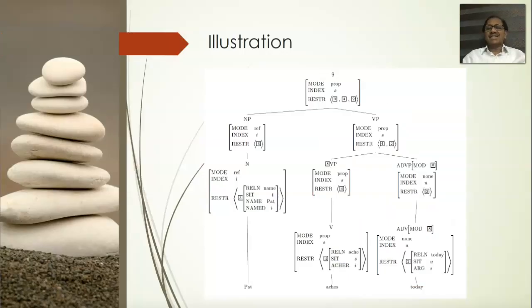Now let's look at the modification. What happens to its semantics? The same sentence which we have taken earlier, Pat X, but now we are adding the adverb today. When we add the adverb today, it has semantics, mode, index and restriction value, and it also has syntax. We haven't given everything here, we have given only what it modifies, right?